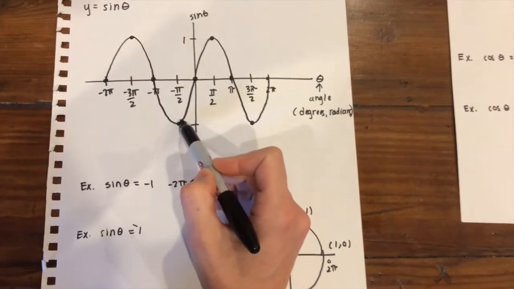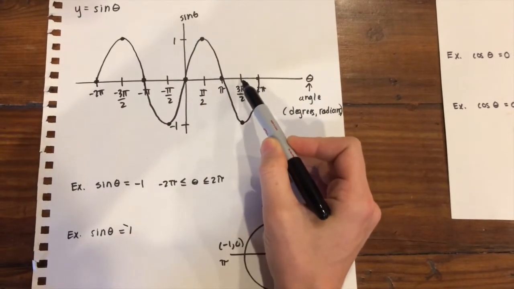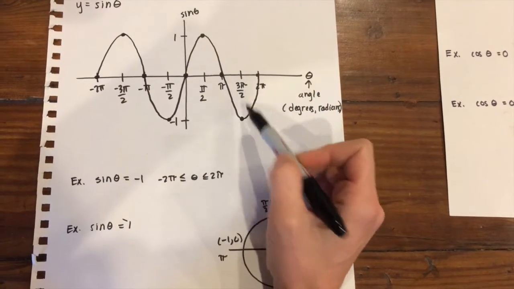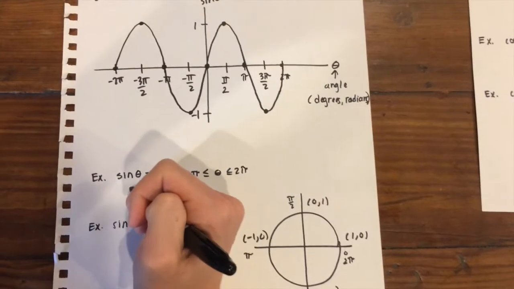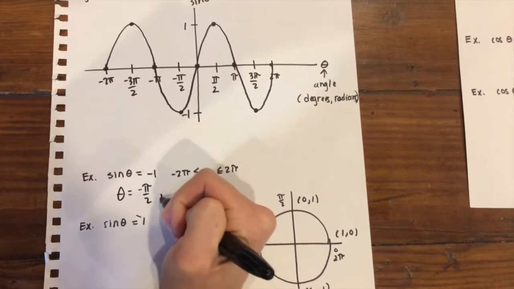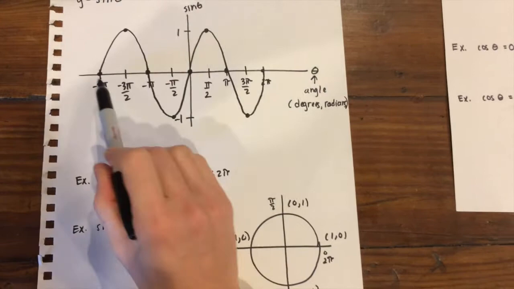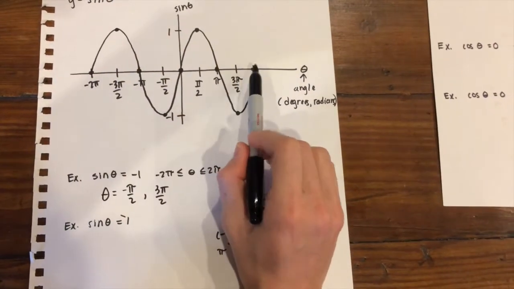I see that sine is negative 1 here at negative pi over 2, and sine has a value of negative 1 at 3 pi over 2 also. So I would say theta equals negative pi over 2 or 3 pi over 2. And there's only two answers because I'm only asking between negative 2 pi and 2 pi.